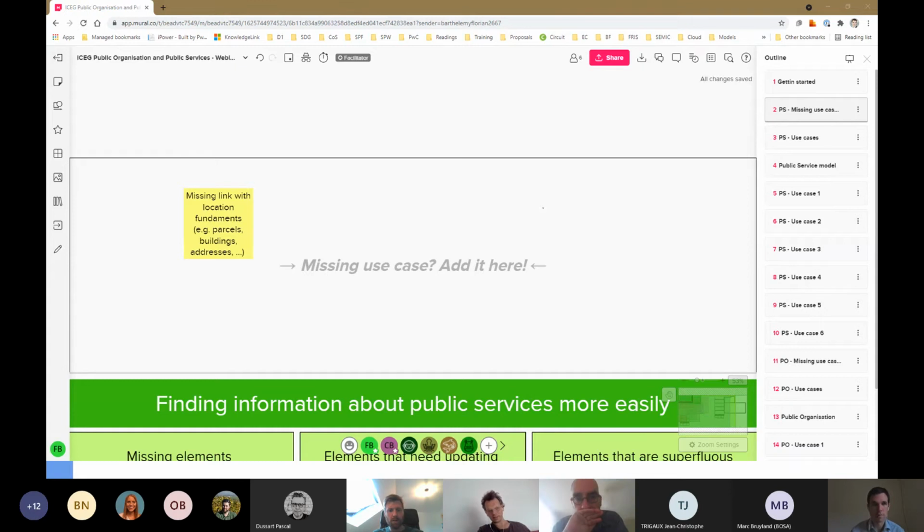And then in the guidelines defining that, we should state that you should make use of BeSt Address, for example, when it comes to an address, or other sources, for example, for buildings, etc. I'm not sure this is an overall use case for public service, but it's something you need to put in your guidelines that come with a public service definition. But I'm not sure if this is the case that's meant here. It's not my post-it in any case.